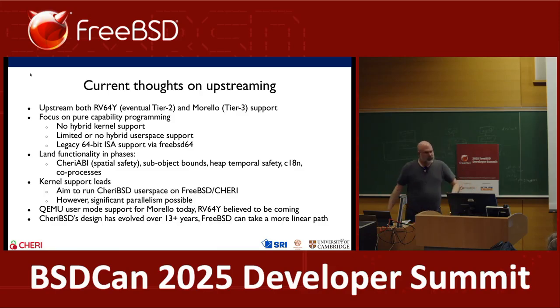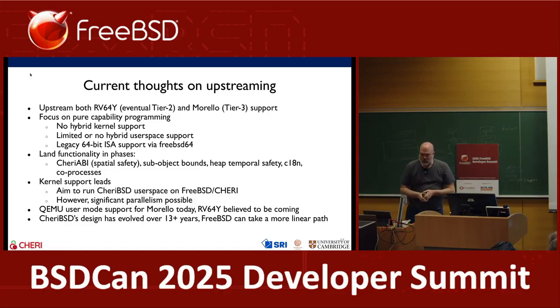For the other one, parts of it are a good idea, definitely, and other parts we're not sure about. Generally speaking, kernel support will lead because we should be able to run existing CHERI-BSD user space on top of the kernel, but there's quite a bit of parallelism there. It's okay if we don't get all the way on user space immediately.